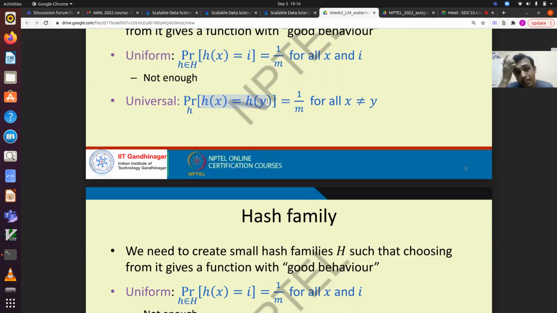So you want each function of your hash family to map the elements in such a way that the probability of collision is 1 by m.